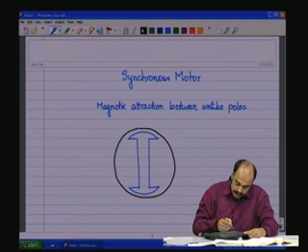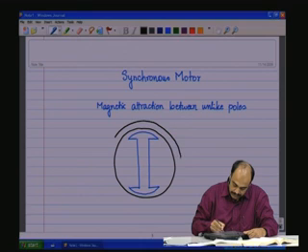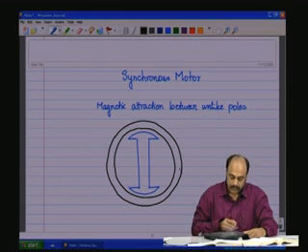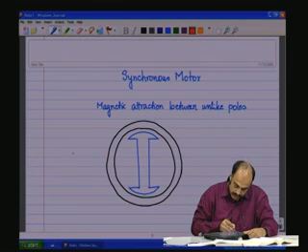And to the stator we shall connect the three-phase supply. So to the stator we give the three-phase supply as shown here.